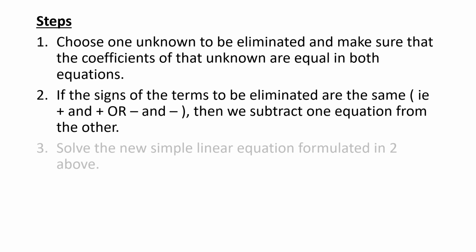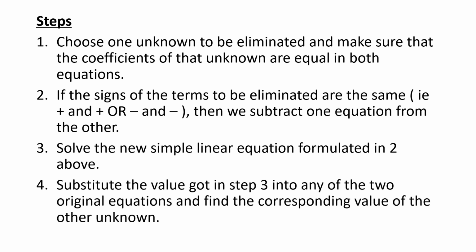Then in step 3, we are now solving the new simple linear equation that we have formulated in step 2 above, right? And obviously the fourth step is now to find the corresponding value of the unknown. After solving for one unknown, we now want to find the value of the second unknown.